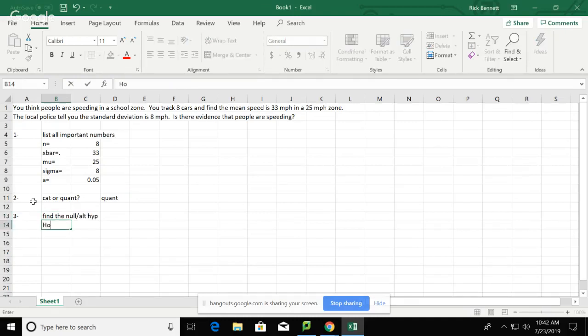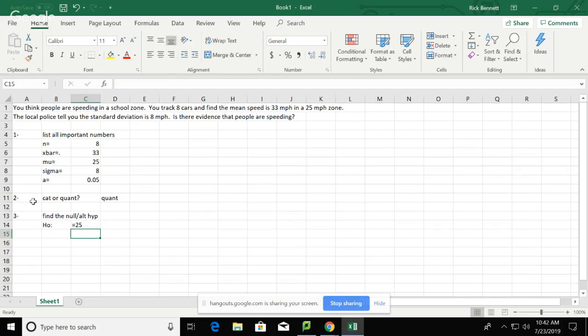The null I'm going to write as H sub 0, okay? What do we know about the null hypothesis? It always has an equal sign. Like the null, H0 equals 25 miles per hour. You're saying people go 25 miles an hour. Okay, that's only half correct, because she didn't include the right letter.